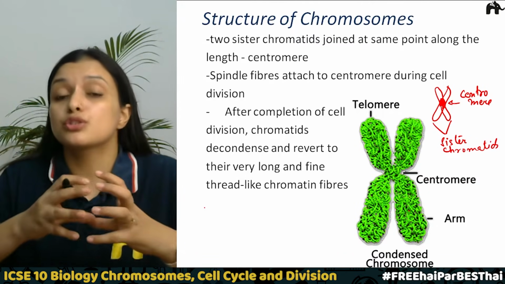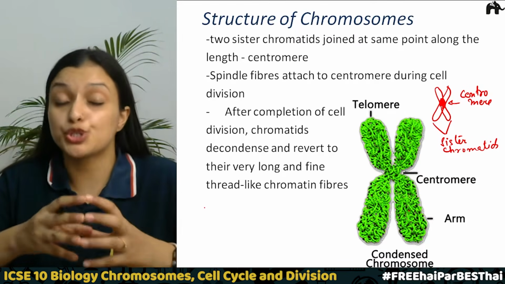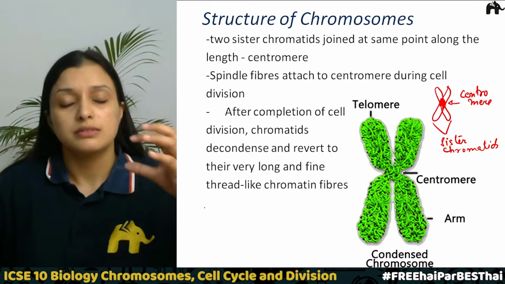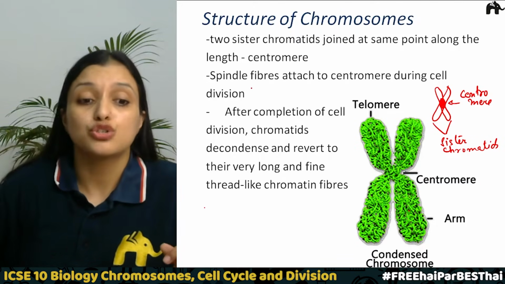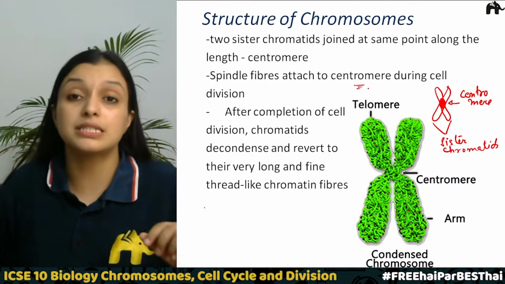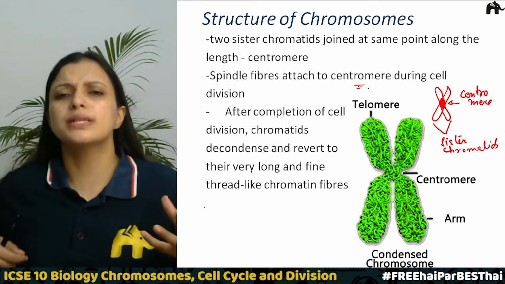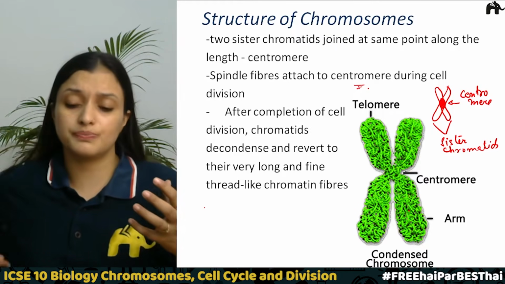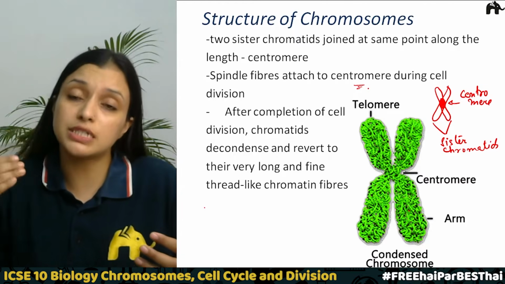Now this centromere plays a very important role when we are talking about cell division, because in case of animal cells, this centromere is the place where the spindle fibers attach. When you study the cell cycle and cell division, you will find the different stages of cell division.